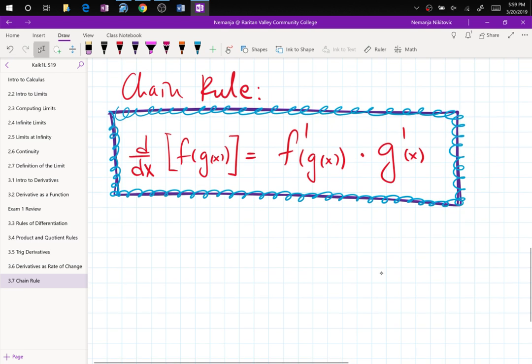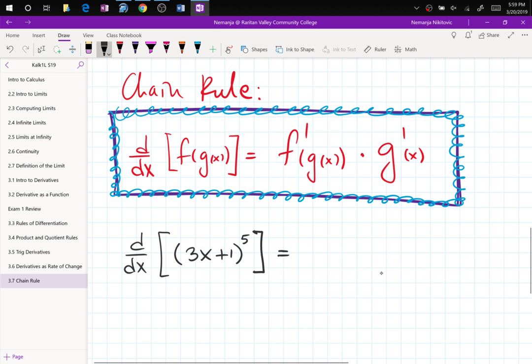So now I have, let's go with this first example, the derivative of 3x plus 1 to the 5th power. If you like pain, go ahead, FOIL. I'll wait, right?